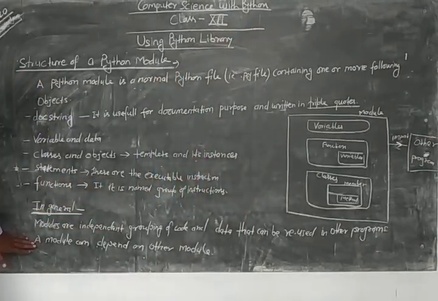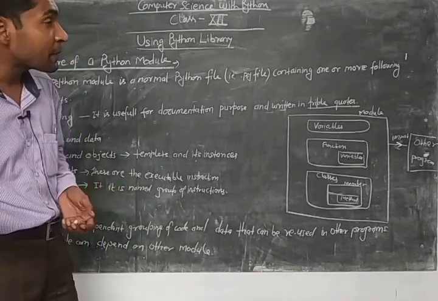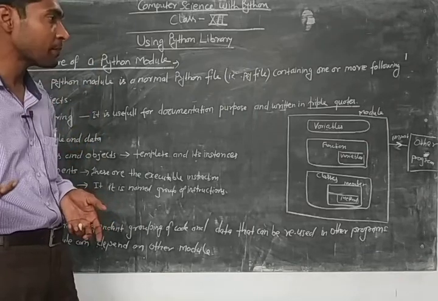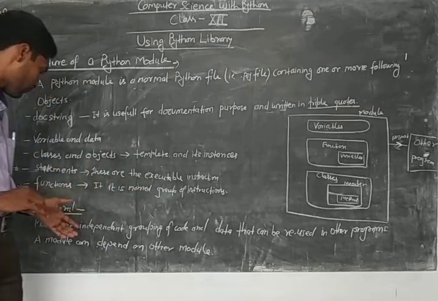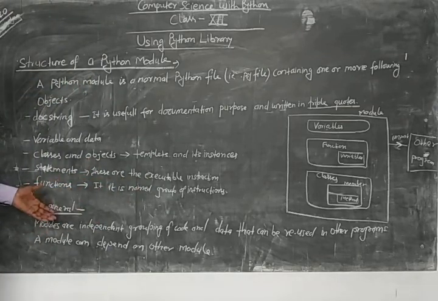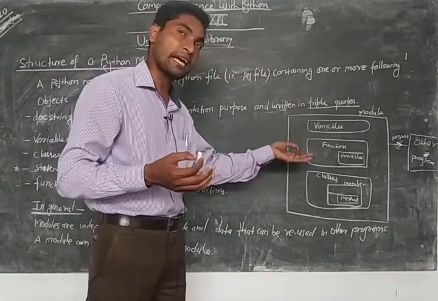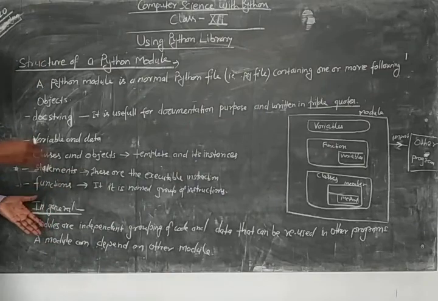Next, a module can be dependent on another module. A module can be independent and can be dependent. Don't confuse. It may be dependent and may not be dependent. Thus, the general feature of a module is that it is a group of code, it can be reused in another program, and it can depend on another module.